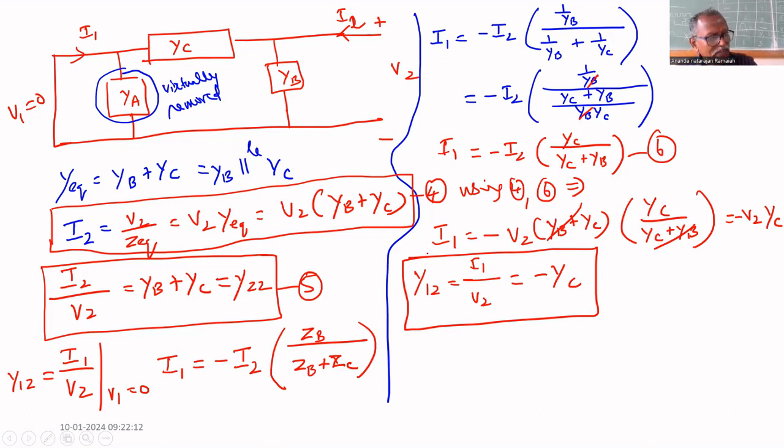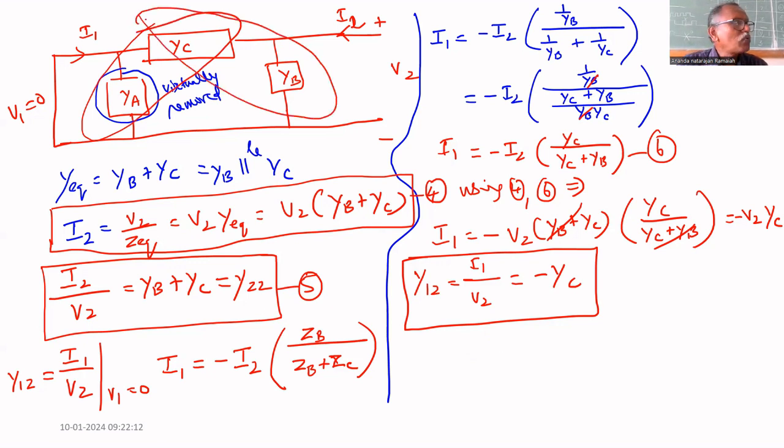Now let us find one such circuit. What we have to remember: Y11 is the sum of these two, Y22 is the sum of these two, and Y12 and Y21 are minus of the forward path admittance. That's all we have to remember. What do we call this circuit? Pi circuit, it looks like pi.